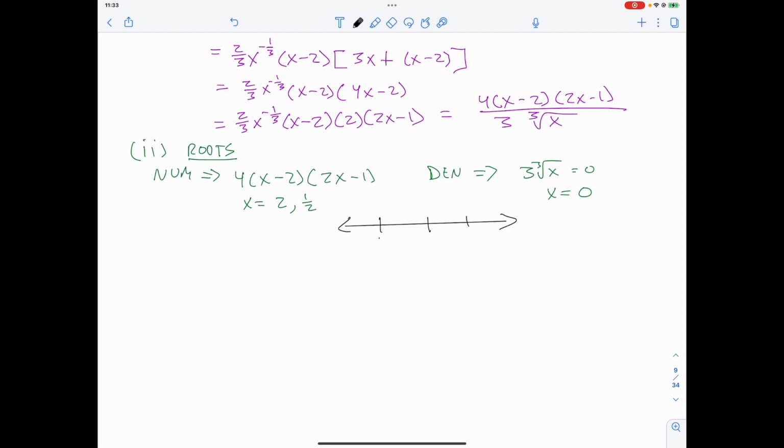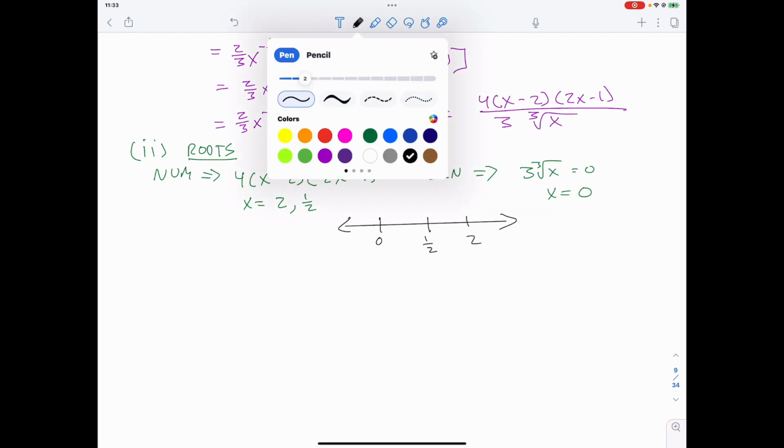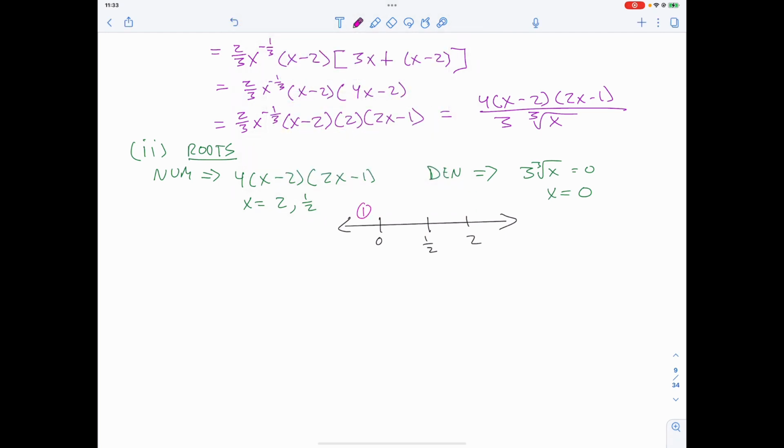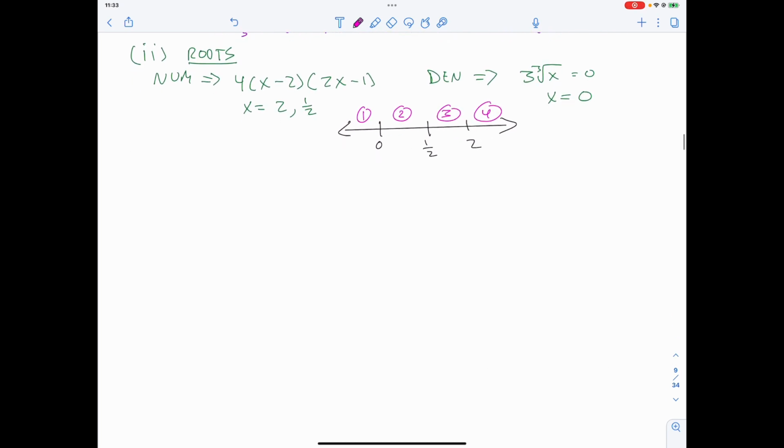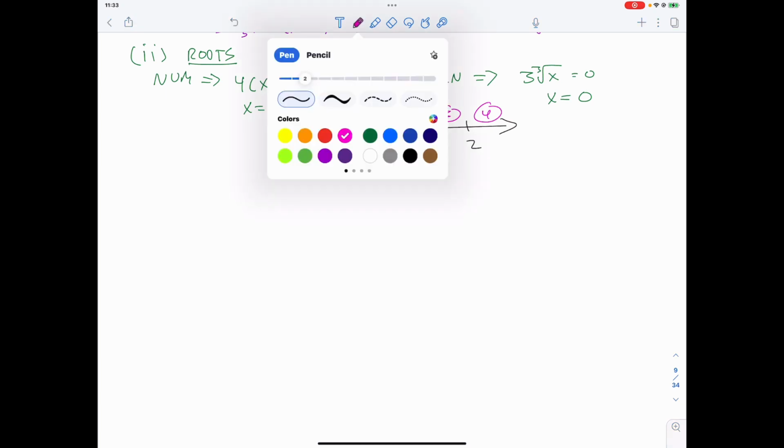Because I have 3 roots, it's going to break up into 4 intervals. And then we're going to do our chart.